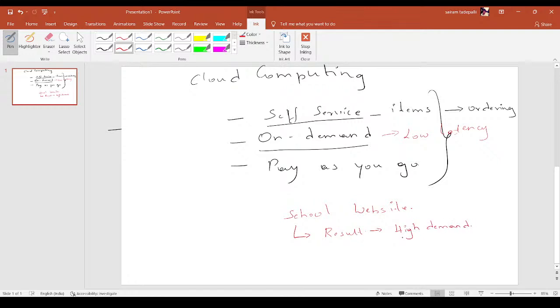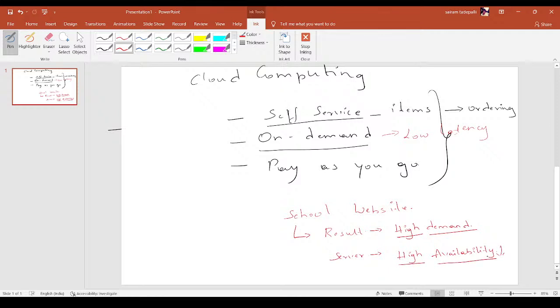In that high demand, to provide accurate service we need a web server with high availability. High availability means we need to focus on the website not going down.